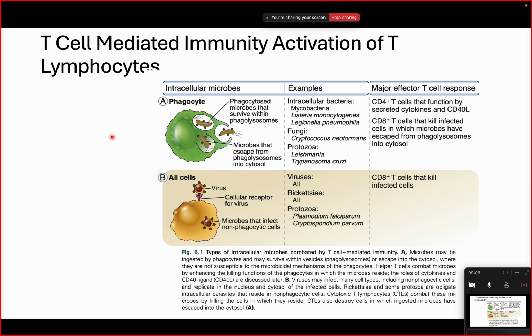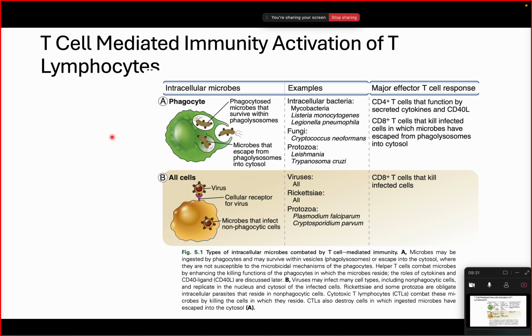So the receptor will definitely start a cascade of events inside the cell, right? We just touched upon it a little bit, and we'll see more about it in the current class. Okay, so if we see here, we're going to discuss T cell mediated immunity, activation of T lymphocytes.